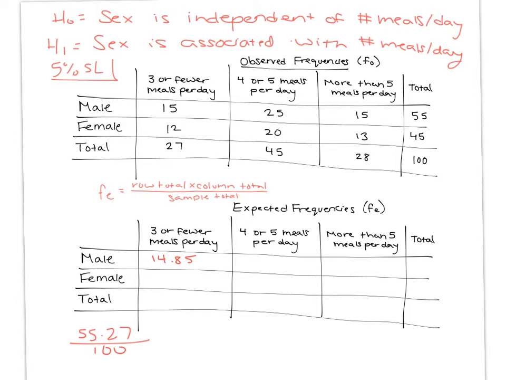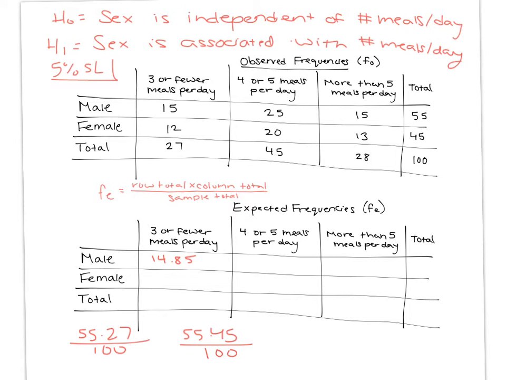And so then I'm going to find my next expected value. Again, I'm going to look at the 55 males times the column total of 45 people eating 4 or 5 meals a day, divided by the sample total of 100.